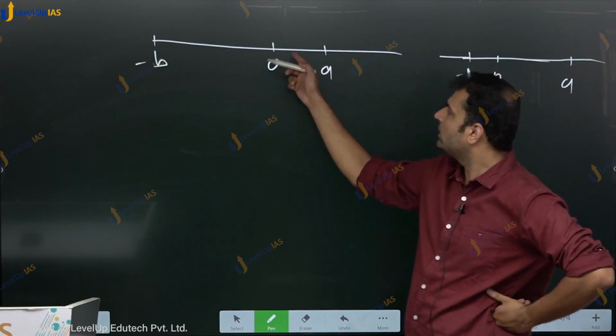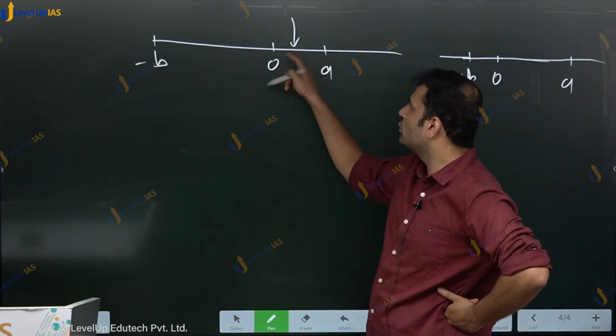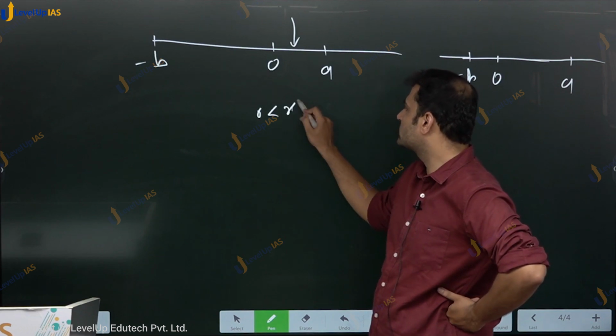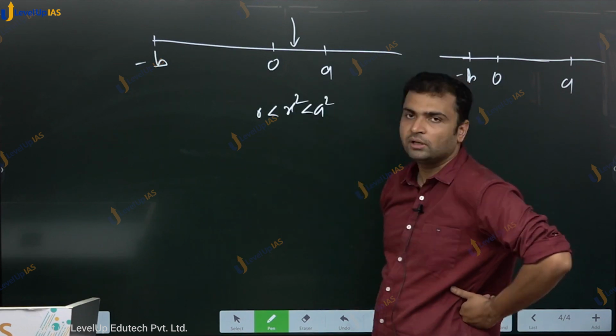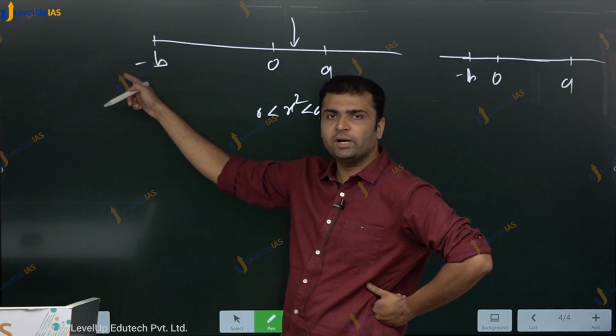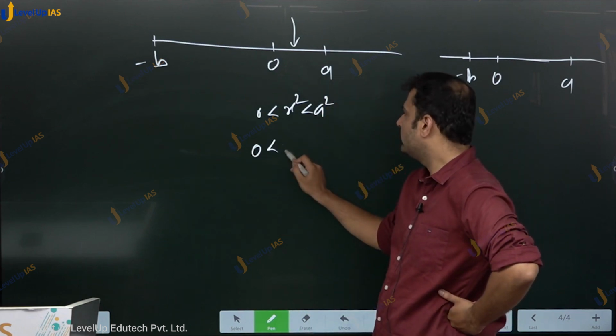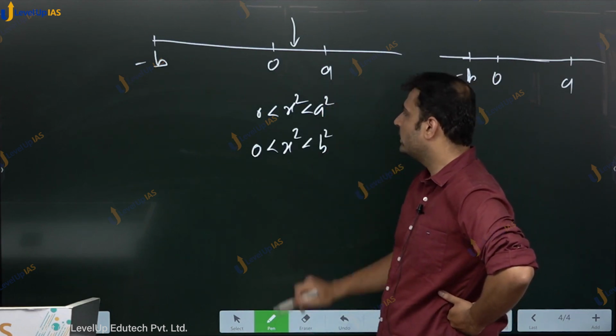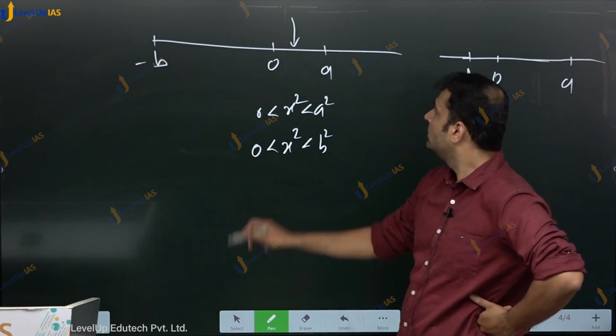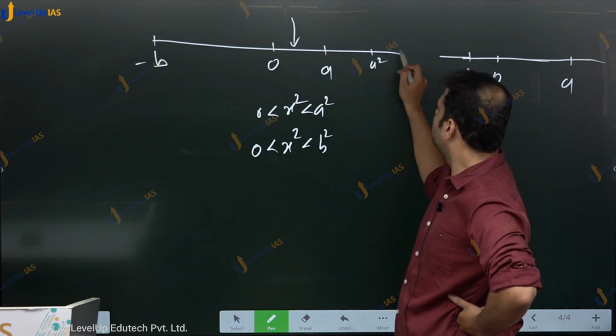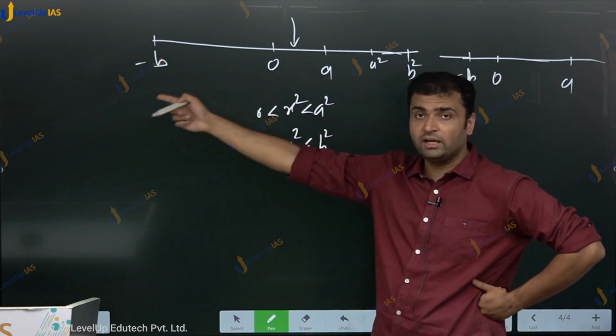So what happens here? If the number is between 0 to a, what did we see? 0 less than x square less than a square, right? And what if the number is between 0 to -b? Then 0 less than x square less than b square. So what is the range now? a square is somewhere here and b square somewhere here, because b is greater than a.